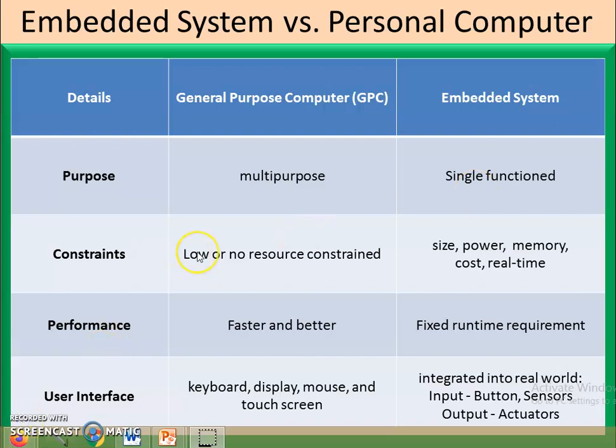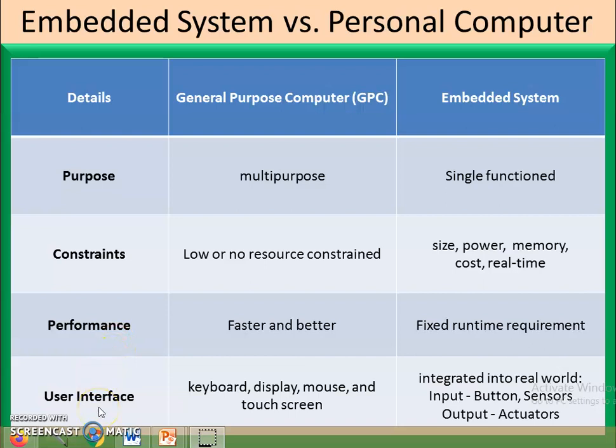Constraints: usually an embedded system comes with tight resources, that is, power, memory, cost, real-time and size constraints. GPCs are comparatively richer in resources and might face cost and average speed as their constraints. Performance: an embedded system is built for fixed runtime requirements. GPCs are much faster and their performance is much better than an embedded system.